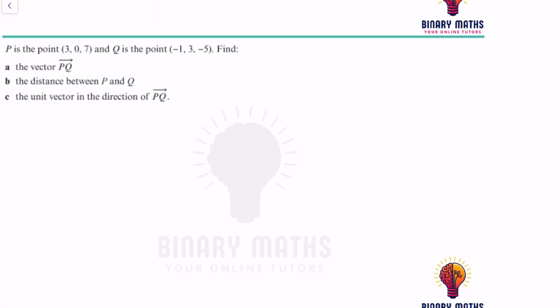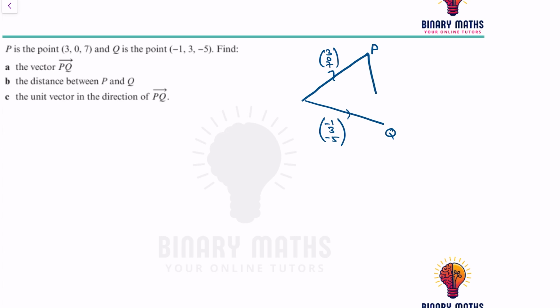P is the point 3, 0, minus 7 and Q is the point minus 1, 3, minus 5. Find the vector PQ. So P is equal to 3, 0, minus 7 and Q is equal to minus 1, 3, minus 5.